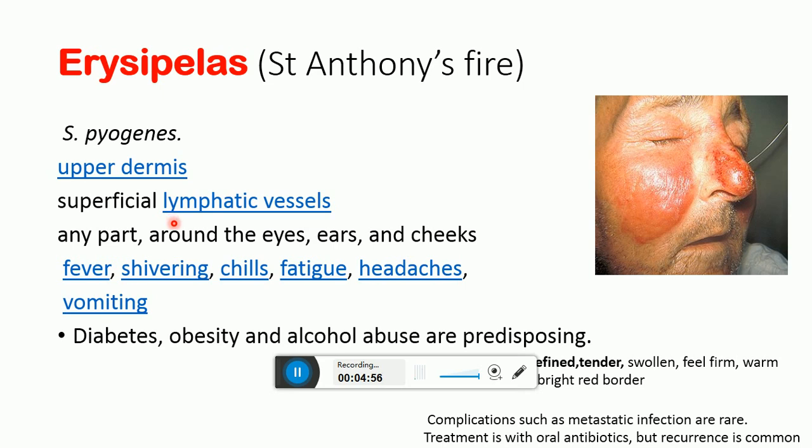The risk factors are diabetes, obesity, and alcohol abuse. They are predisposing factors. The signs and symptoms are an inflamed erythematous flag that develops. There is a well-defined raised border, and this distinguishes erysipelas from other forms of cellulitis.